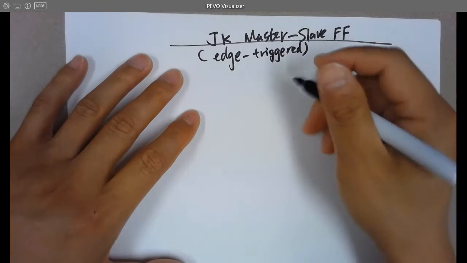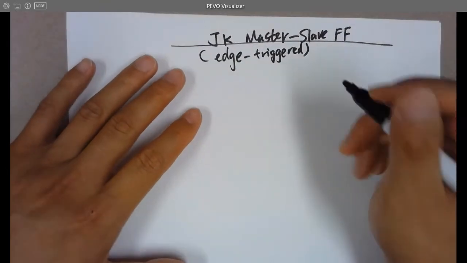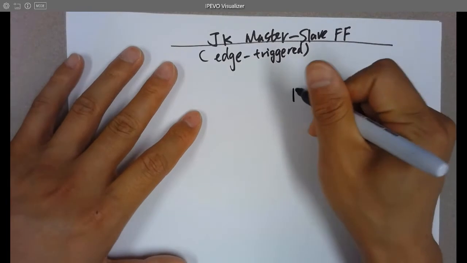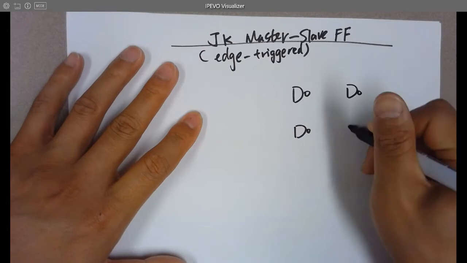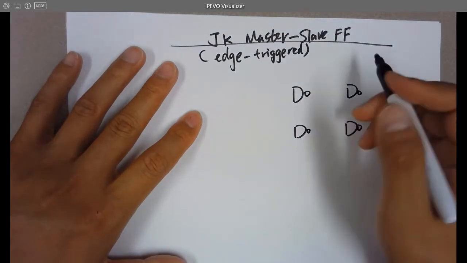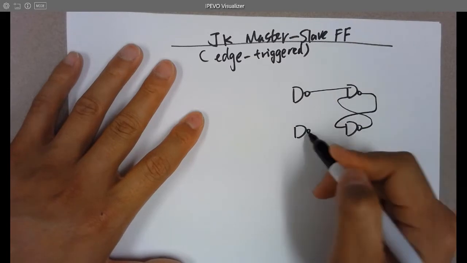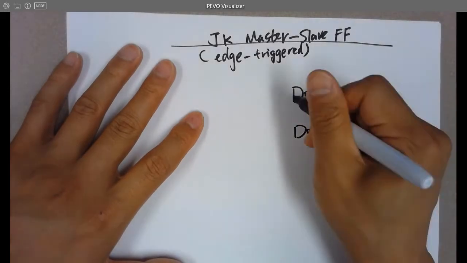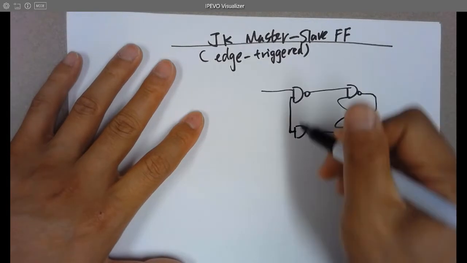Okay, so how does that work? You just need two SR flip-flops. So that's the first one at the output. And there's the first clock.